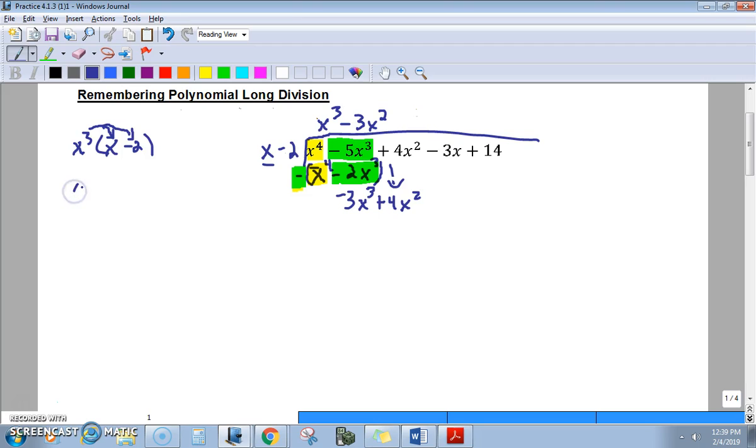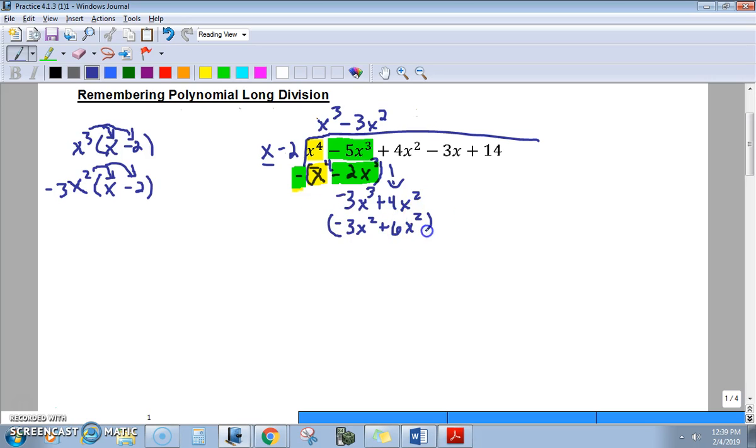And then I'm going to come over here, and you don't have to do this part, you could do it in your head, but just to show you, now I have negative 3x squared, that's the number on the top, and I'm multiplying it by x minus 2, the divisor, and I'm going to distribute that, so I get negative 3x cubed, and then a negative times a negative is a positive 6x squared.